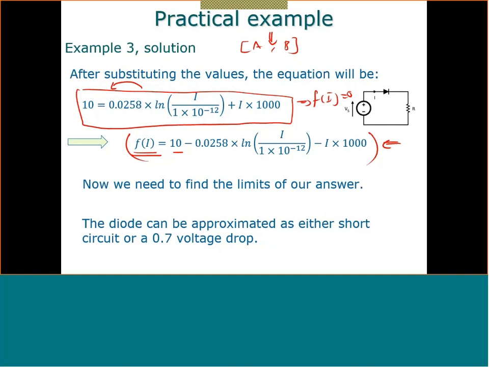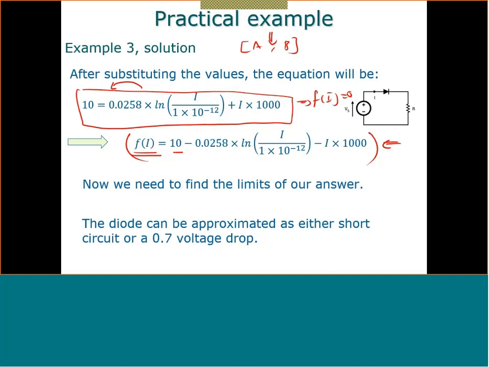In practice, by understanding the physics of the problem, this is what I mentioned last time, you can find this limit. But for the sake of this course, these limits will be explicitly given to you.